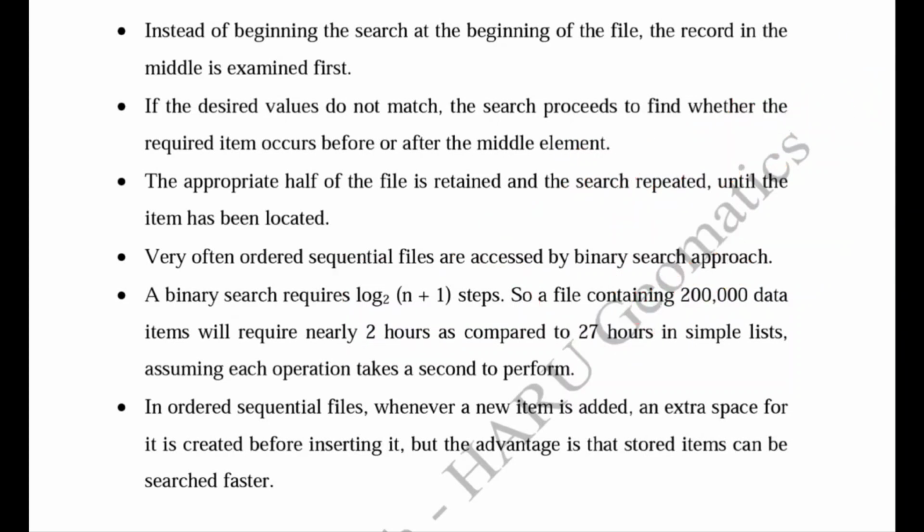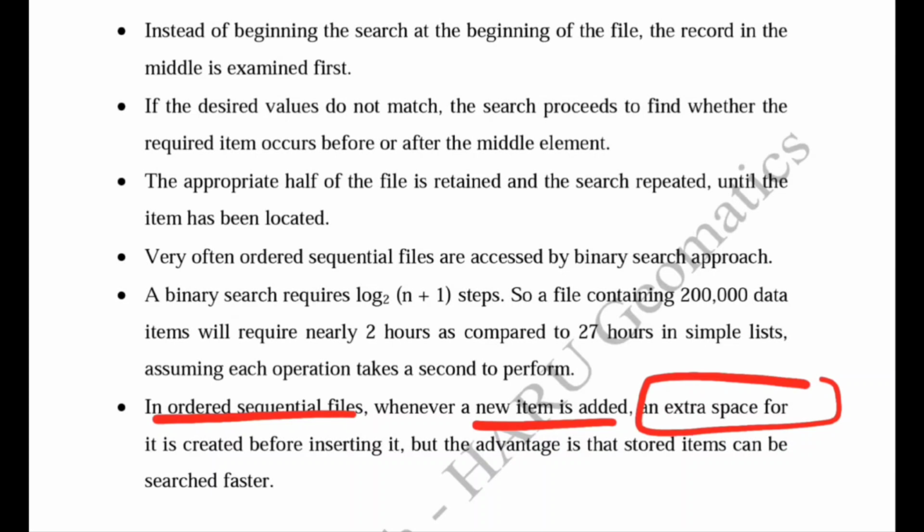Another important thing in the ordered sequential file is that if we add any new item, extra space for adding the new item is already created before inserting it. So the advantage is that stored items can be searched faster.